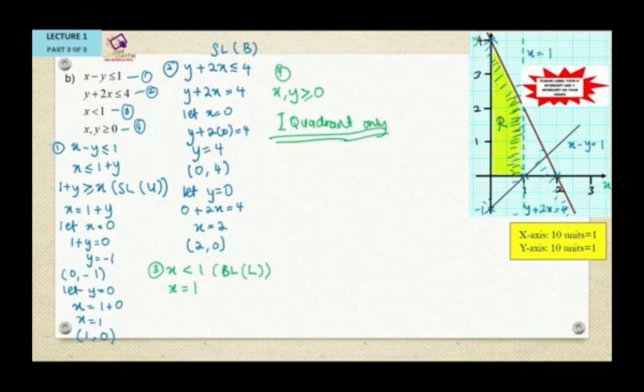You need to shade it like this. Shade it correctly, and don't forget to label it as R.